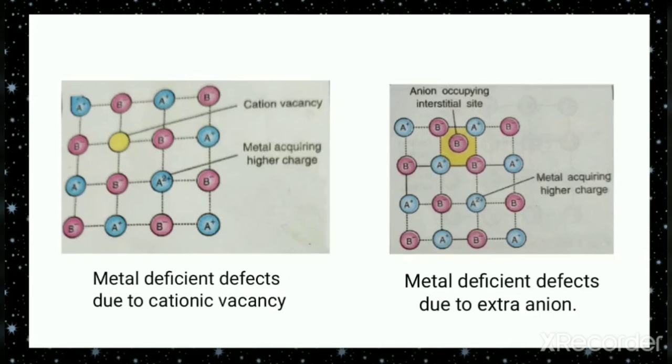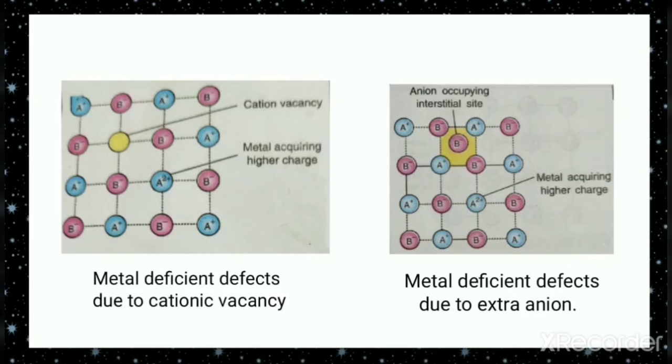Such a metal deficient defect which is caused by cationic vacancy is called metal deficient defect due to cationic vacancy. This type of defect is possible in metals which show variable oxidation state, for example ferrous oxide, ferrous sulfide, nickel oxide, etc.